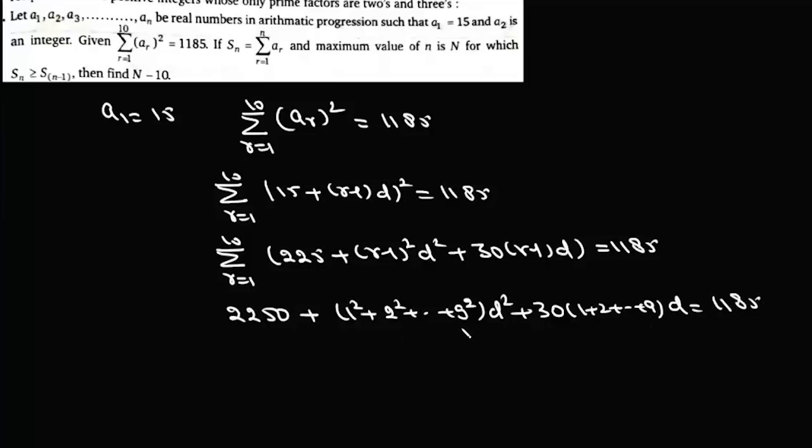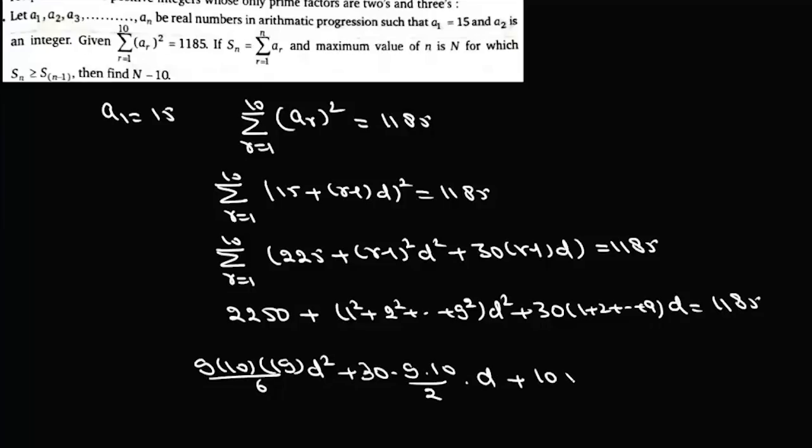Now this is n into n plus 1 into 2n plus 1 by 6, so this is 9 into 10 into 19 by 6 d square, plus 30 times n into n plus 1 by 2 into d, plus 2250 minus 1185, which is 1065, equals 0.